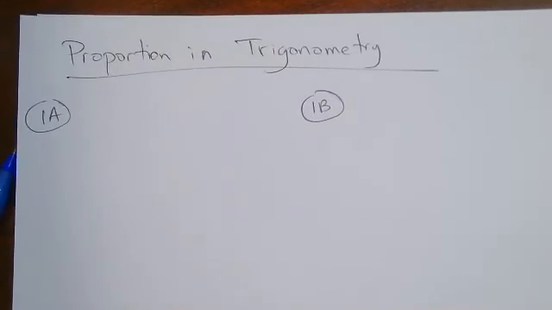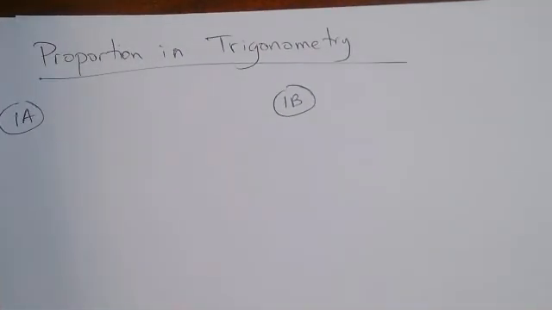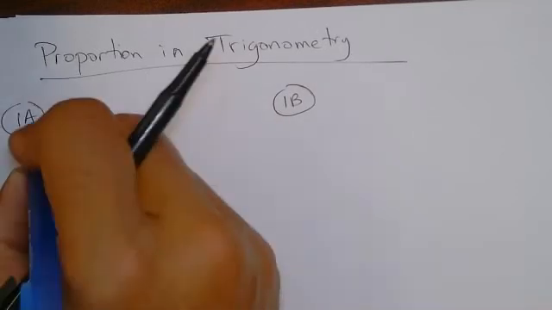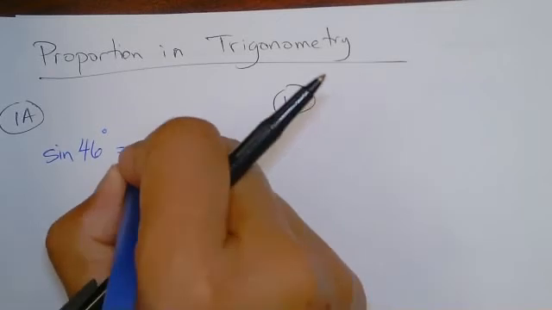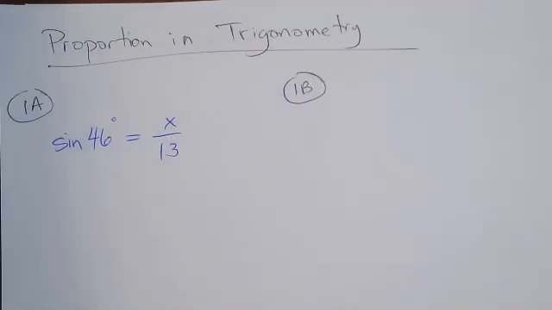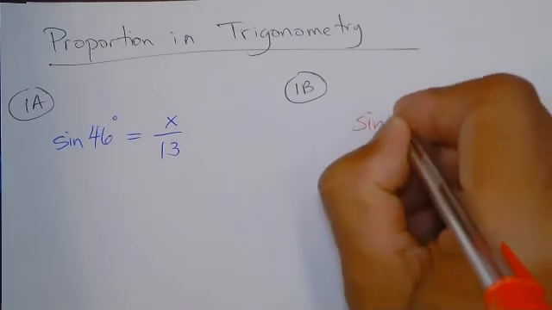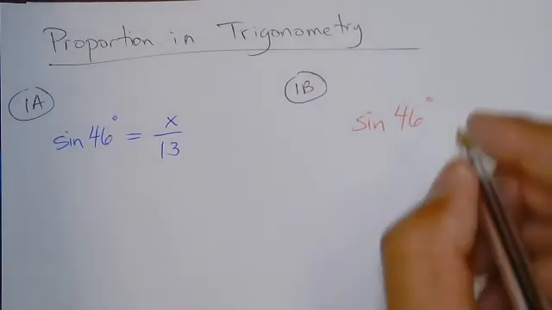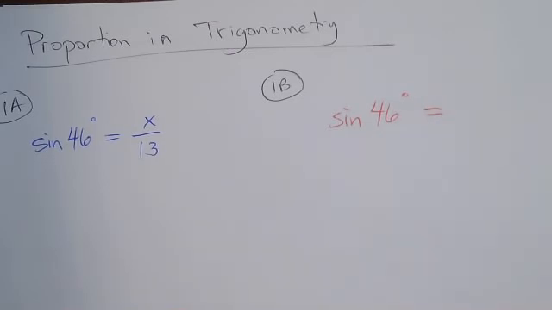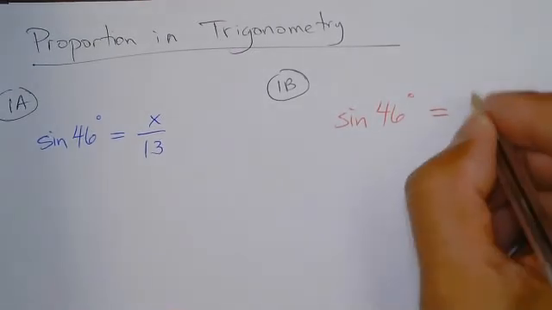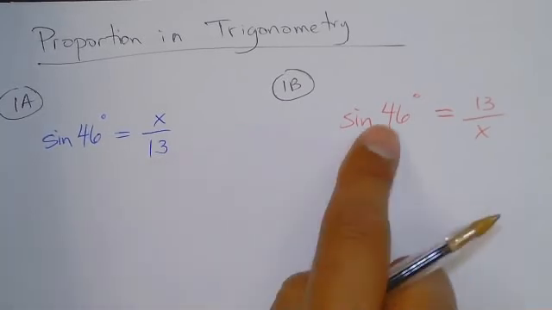I'm going to put problem 1A here, and I'm going to put problem 1B here, and I want you to see these side by side because they're not doing the same thing. The way you solve one of them is not the way you solve the other one. Okay, so how about this? Sine of 46 degrees is equal to x over 13, versus sine of 46 degrees is equal to, anybody have a wild guess what I'm going to put over here? 13 over x.